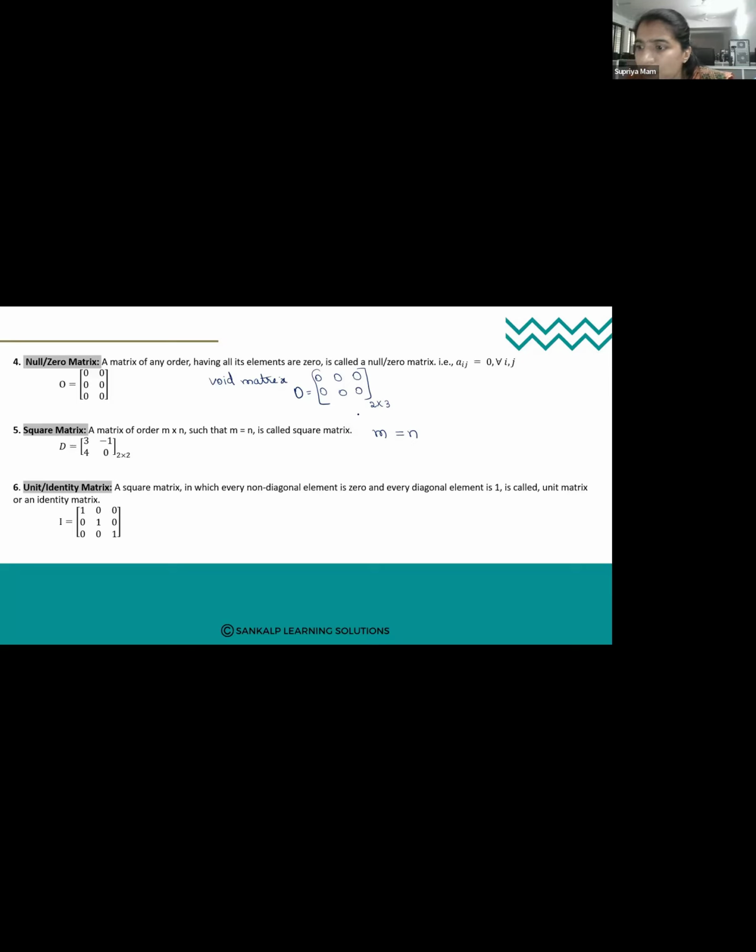A matrix of order 2 by 3, 2 rows, 3 columns, hence it is known as rectangular matrix. In a square matrix, number of rows and number of columns should be equal. Example, 2 by 2, 3 by 3. Clear, Ramappa?